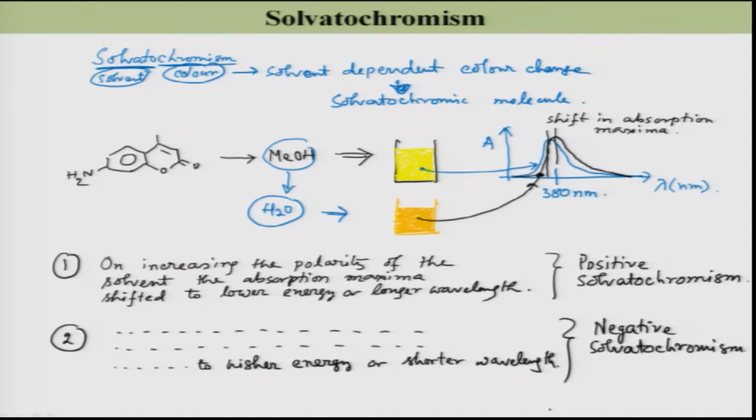Okay, so let us see what is the origin of this. Before that, let me tell you what this polarity is. Polarity is a cumulative property, the cumulative result of many different interactions.